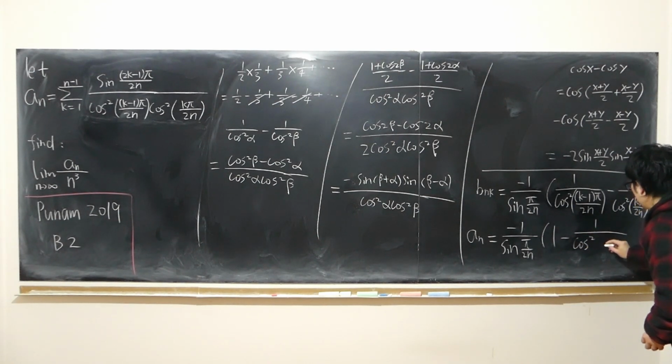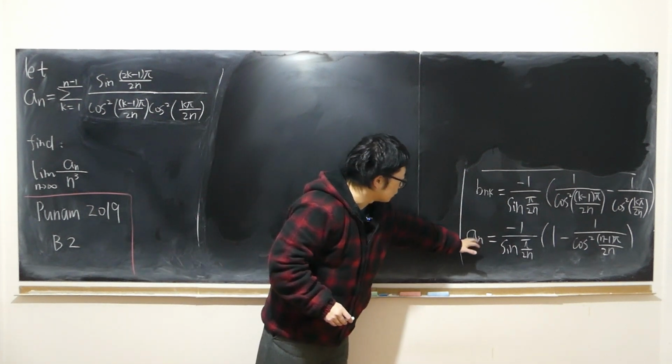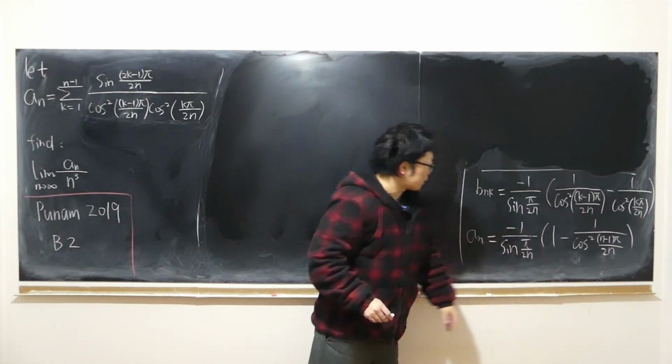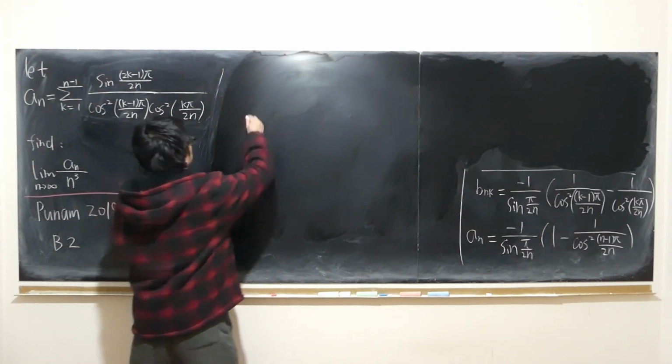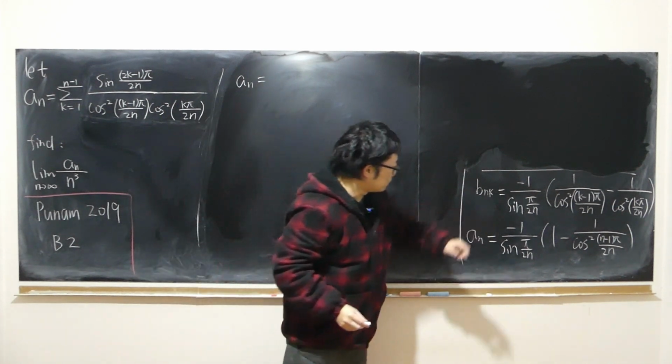Cosine squared, n minus 1 pi over 2n. So after we work out this expression for this finite sum, now we want to turn this cosine into sine, right, by using half pi minus this angle.